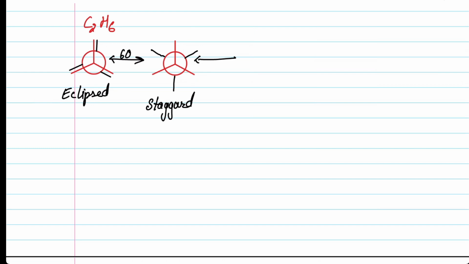Further rotation by 60 degrees, so now the total rotation becomes 120 degrees, we end up with the first structure: hydrogen here, the other hydrogen here, other hydrogen here. So we end up with the same eclipsed structure. Further rotation by 60 degrees gives 180 degrees in total, and here we again end up with the staggered structure.